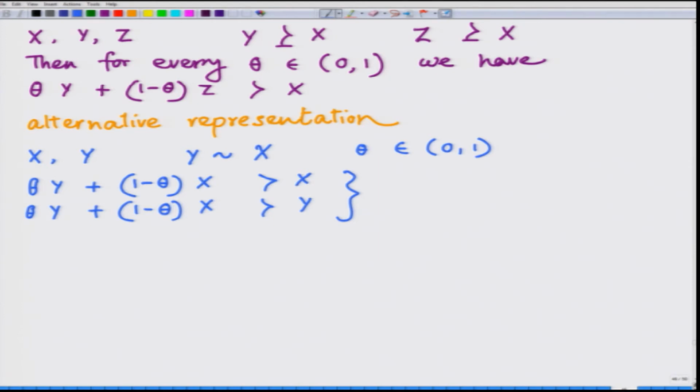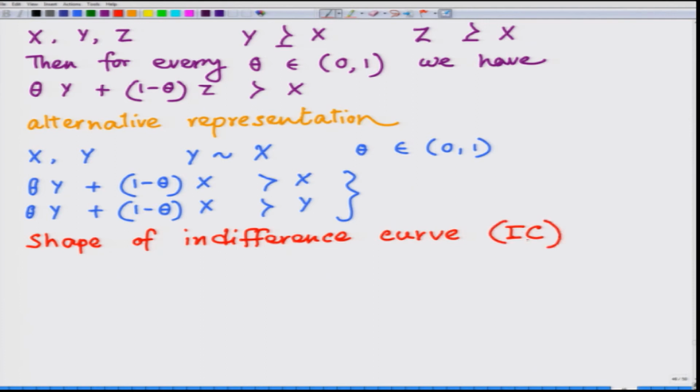Now, with this axiom stated, we can look at the shape of the indifference curve. How to derive the indifference curve? The indifference curve, as I said, is the key tool of modern consumer behavior analysis.